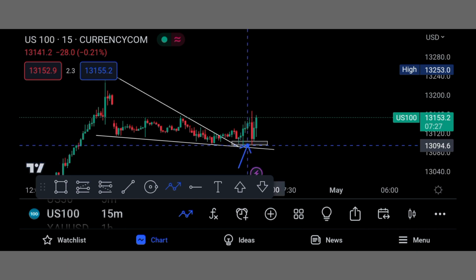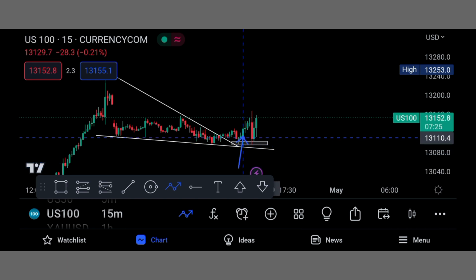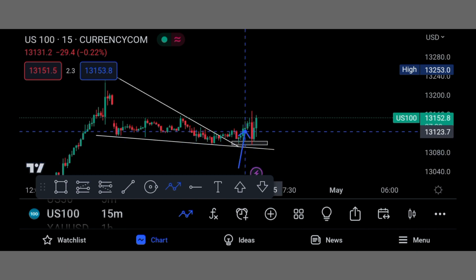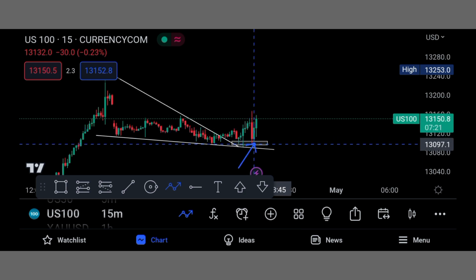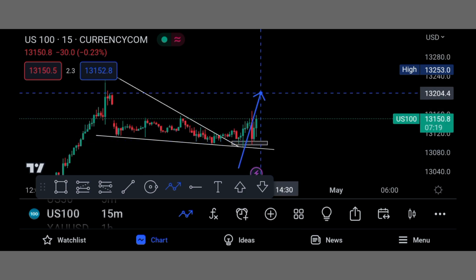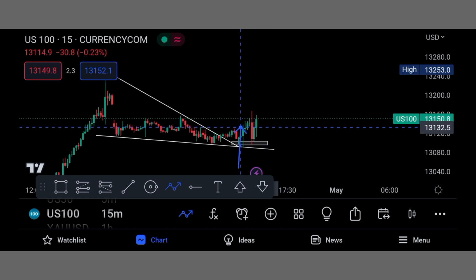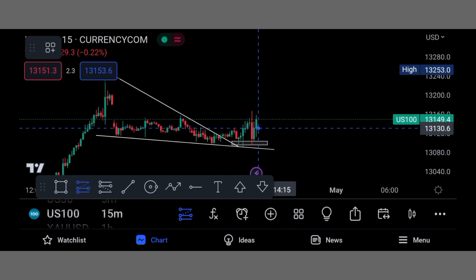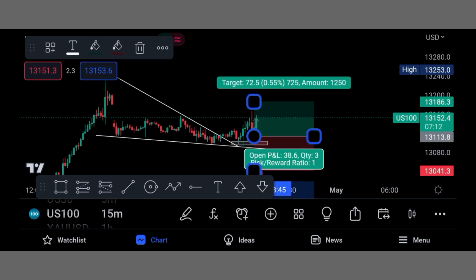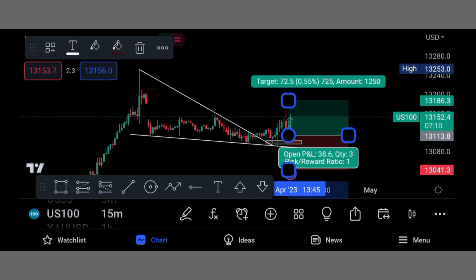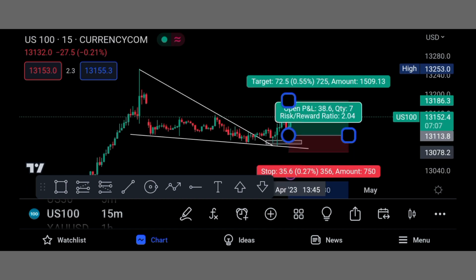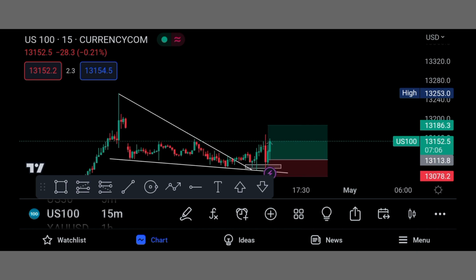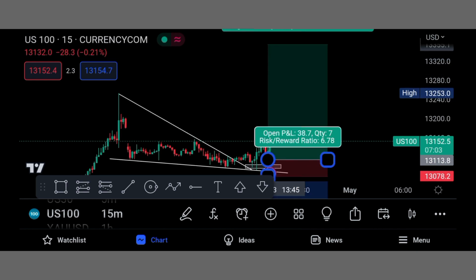So it came here, rejected, went up, came down, gave us a double bottom. Then now we're going to continue to go to the upside. So this here could have been our entry, stop loss right below here, not too tight, and then our take profit all the way to the upside.